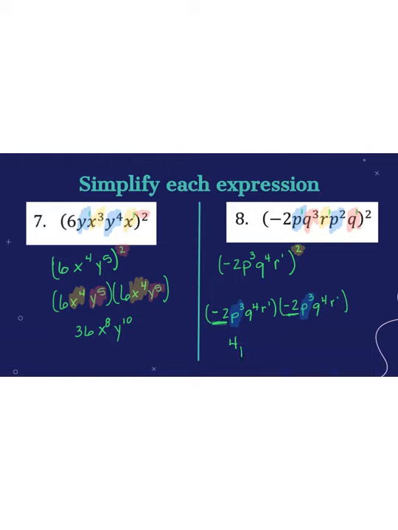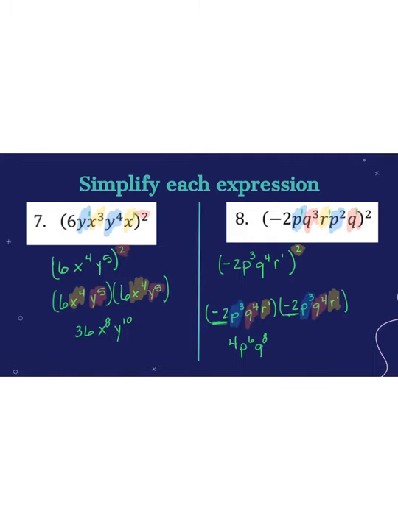So that's going to give me p to the 6th. And then I have 4 q's right here and 4 q's right here. So 4 plus 4 is going to give me q to the 8th. And then finally, I have 1 r right here and 1 r right there.